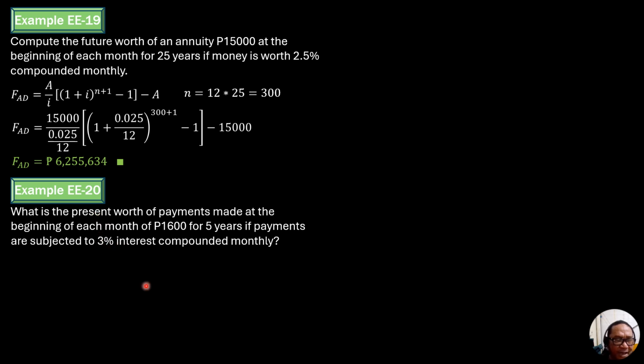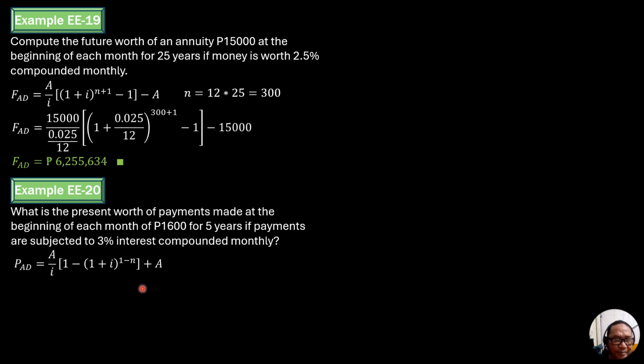That's why we have to add A also. So if you can recall the formula, present worth of annuity due is A over I, quantity 1 minus 1 plus I to the negative of quantity n minus 1, then plus A. Negative of quantity n minus 1 is the same as 1 minus n.